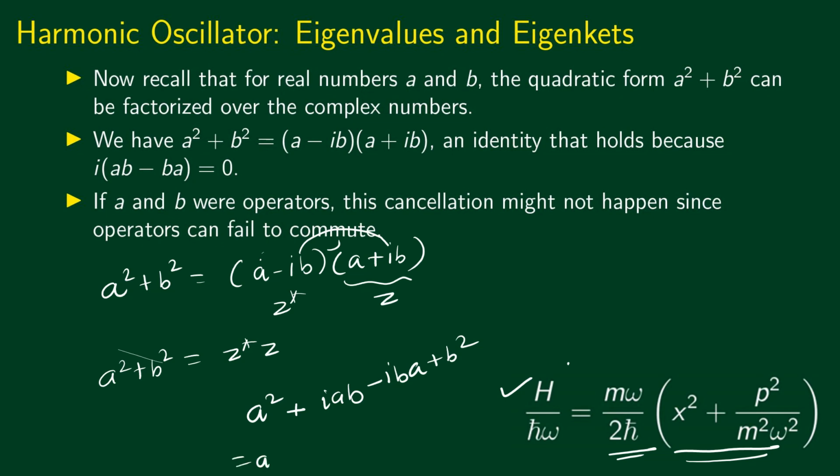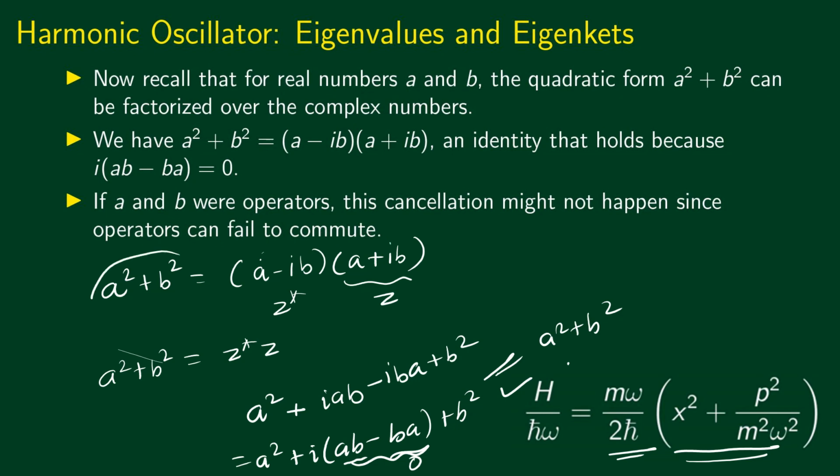So we can write this as a square plus i multiplied by ab minus ba plus b square. We know that for real numbers, or generally for numbers, ab minus ba is 0. Numbers commute. So this term is 0, and we get a square plus b square. So a factorization of this form is possible because a and b commute.